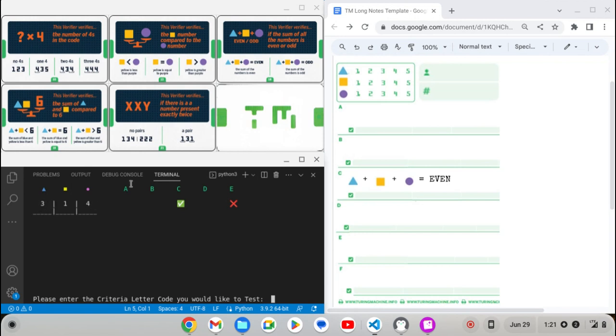Notice that 314 is one of the scenarios under no pair, right? All the digits 1, 3, 4 are distinct. So it's true that there are no pairs. That's not valid. So let me rephrase. That means that there is a pair. So let me write that down in my notes for section E, that there is a pair.